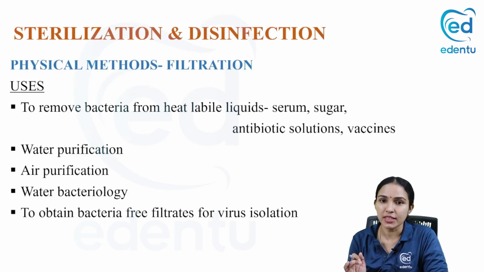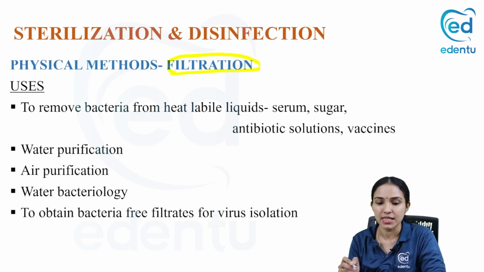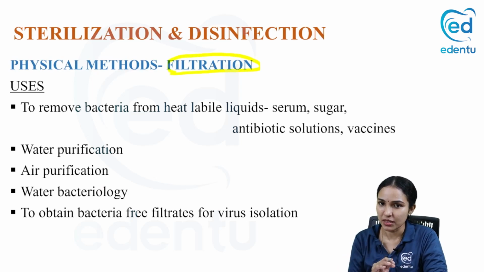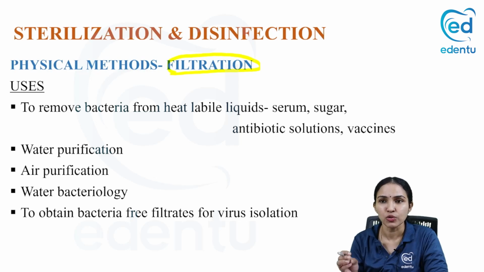Now coming to the next and last physical method of sterilization, that is filtration. Heat method is over, radiation method is over, and the last one is filtration. What are the uses of filtration? When you filter something, you use a filter. The filter has a pore size, and anything bigger than this pore size will be retained in the filter and the rest will come out.